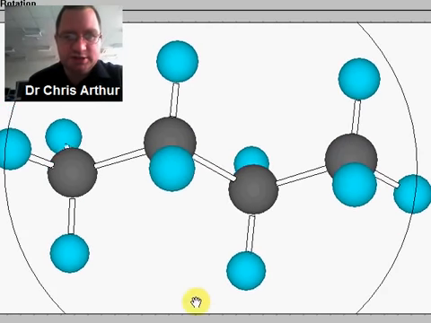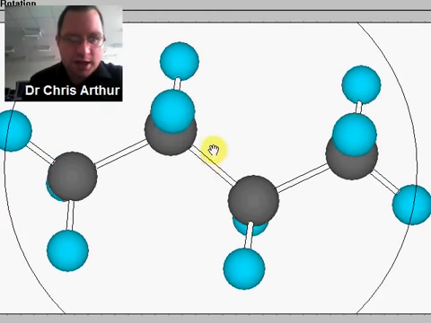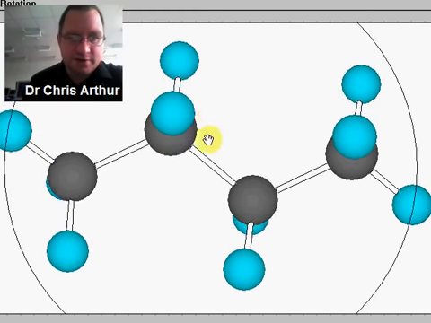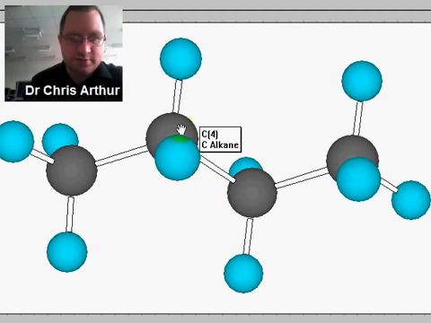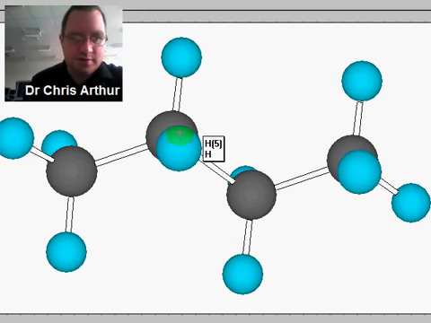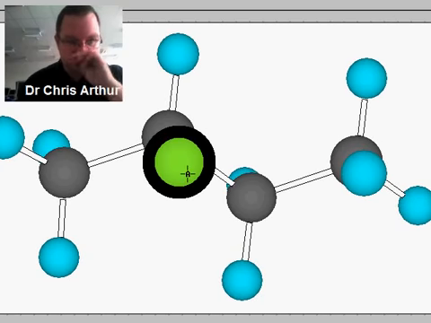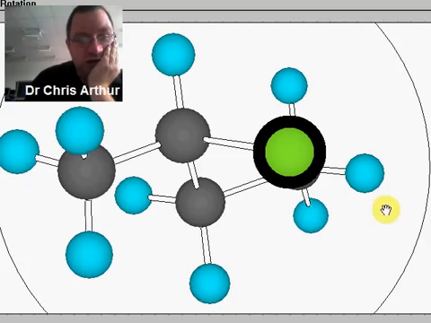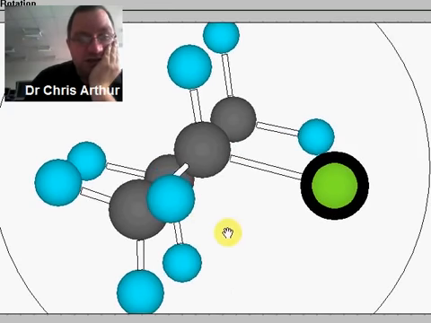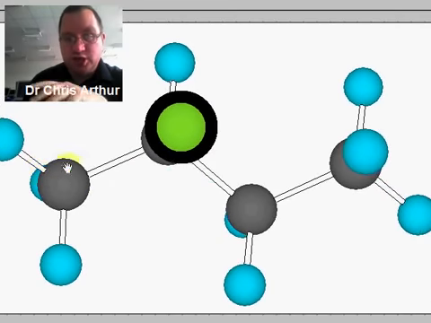So here is our butane chain again, and let's say, for instance, that we're going to put a chlorine atom coming off of this atom here. Chlorine's now shown in green. You'll see that the chlorine atom is now sticking out towards us.